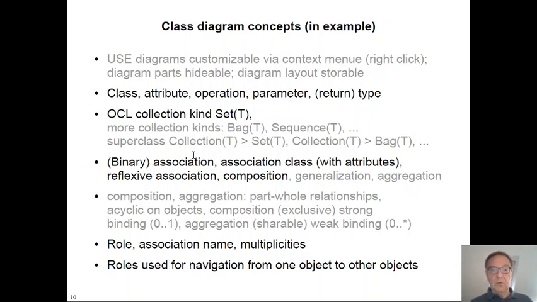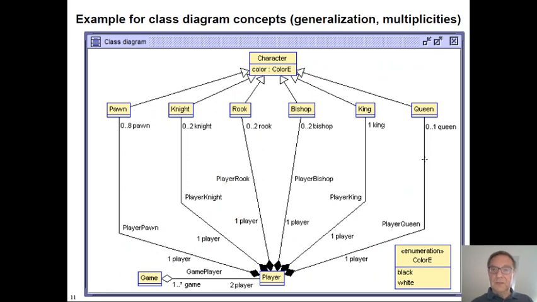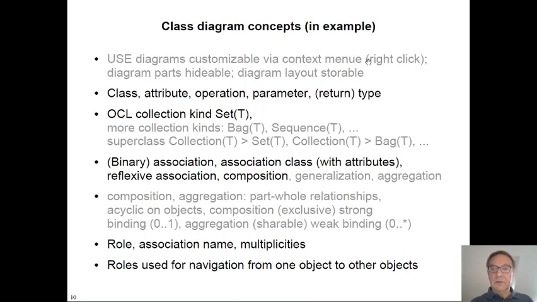And so what I said before, that collection is a generalization of set and of bag, is reflected here in the term: we have a superclass collection that is a generalization of set and a generalization of bag. So far so good. This was about the concepts in class diagrams, and now we have seen at least the concepts that are mentioned in this slide.